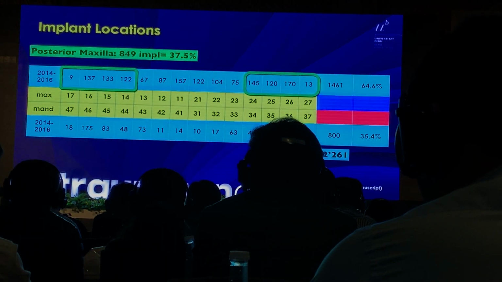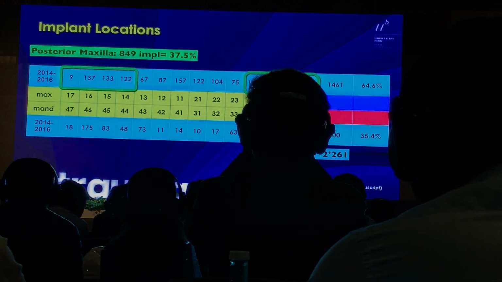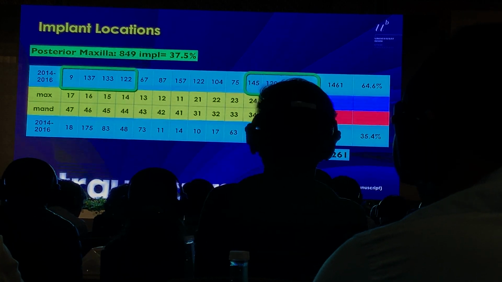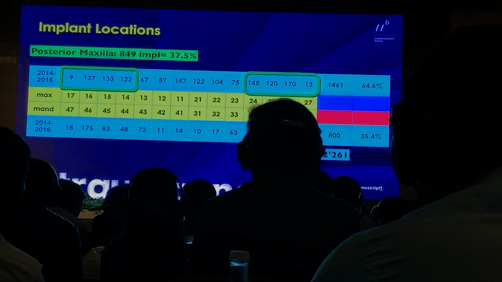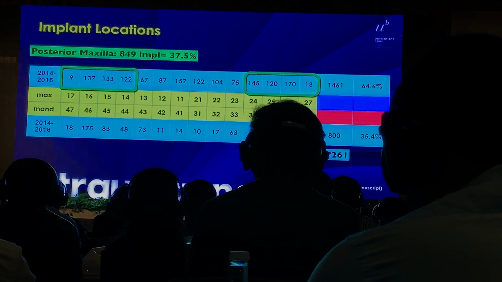Okay. So when you look into the posterior maxilla, how many implants are we placing? See, many implants. In 3 years, almost 900 implants. This is the analysis from 2014 to 2016.